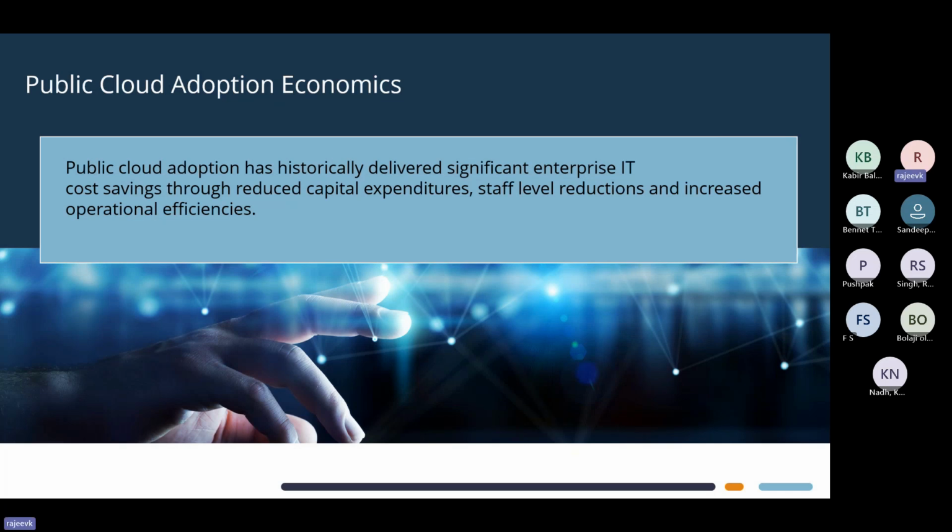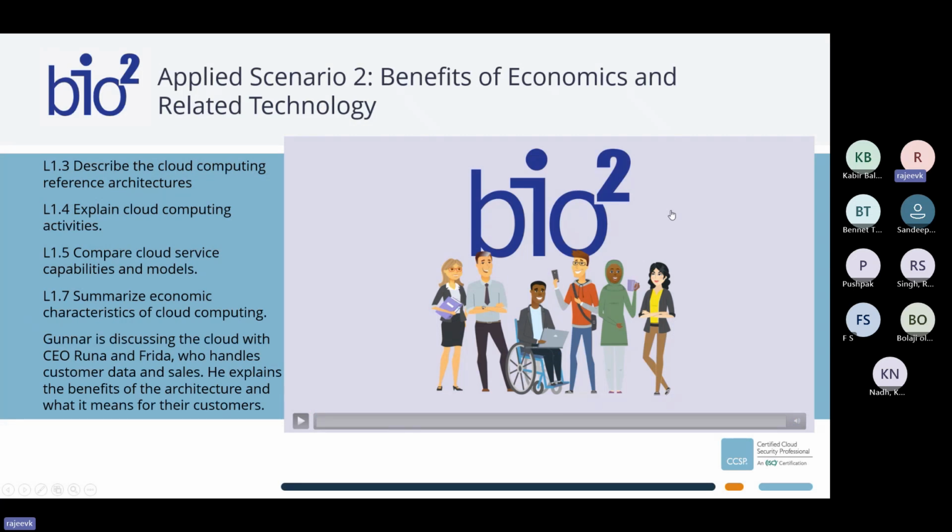So overall, the return on investment is very huge when it comes to the cloud. Great. So these are some of the key things from this module, which talks about the economic benefits, the deployment models, and the shared considerations overall.